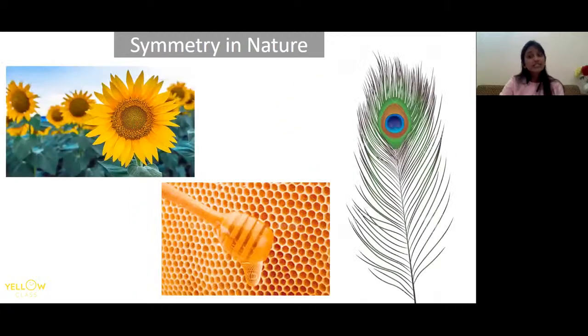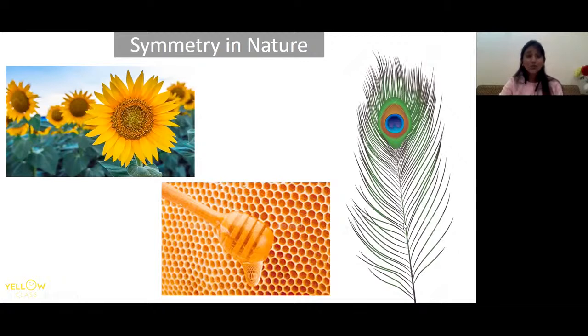And now we have a sunflower. Sunflower is also symmetrical, and down here is a honeycomb which bees make. It is a very intricate combination that they make, and they are also entirely symmetrical. And then this is the peacock feather. Yes, along this vertical line, this is symmetrical. Isn't it?